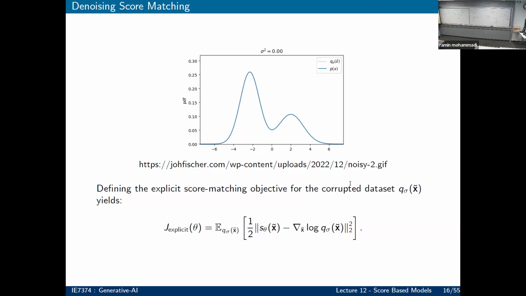S theta, a score function, is what we are trying to learn. How do we learn it? Think about the score function as some neural network. I have this neural network, which will produce a score value, and I want to update it to learn it.